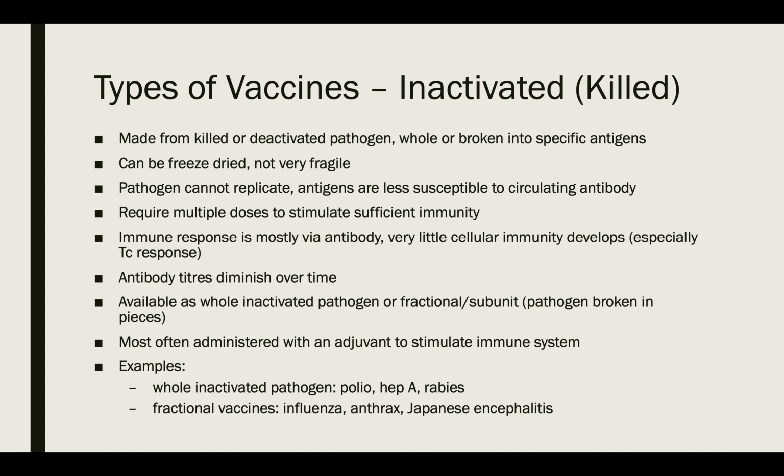So some examples of whole inactivated pathogen would be polio, hepatitis A, and rabies. Some fractional vaccines would be influenza, anthrax, Japanese encephalitis. Interestingly, I have had all of these on the screen except I've never been vaccinated for anthrax. And the anthrax vaccine is not long lasting anyway.